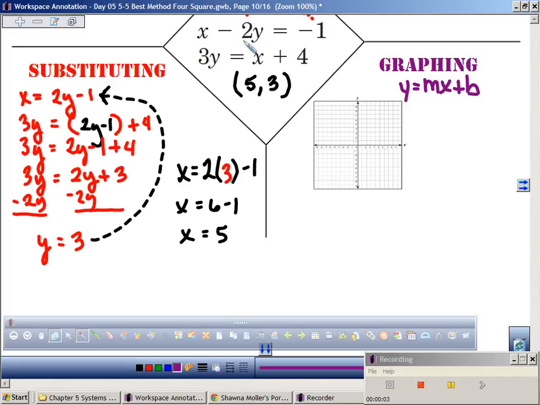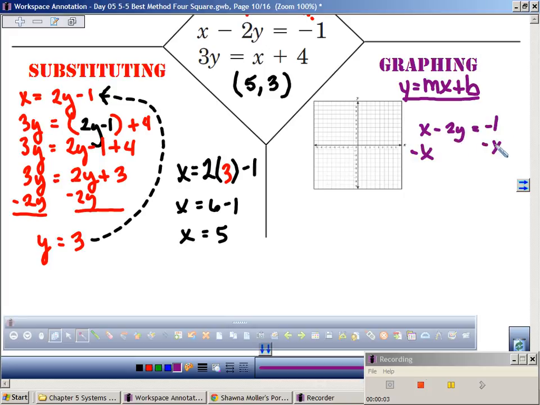So what do I need to do right here to get 2y by itself? Oh, you want to put the y on this side. Okay, let's leave it right there. We could. You're not wrong. But normally when we have this form right here, see that? I want to keep y on this side. So if I want to keep y on this side, what would I do with this x? Good job. So x minus 2y equals negative 1.